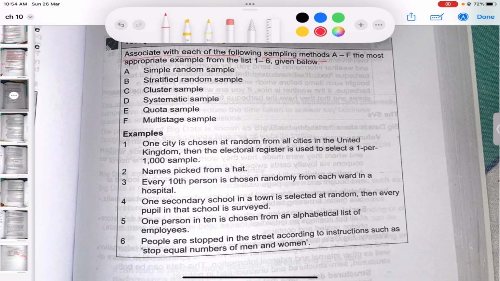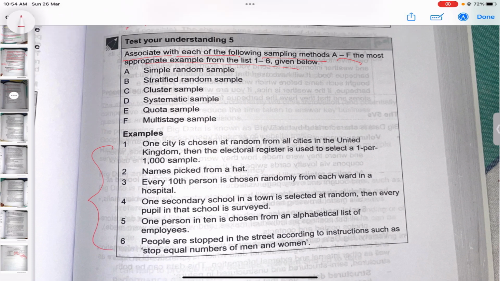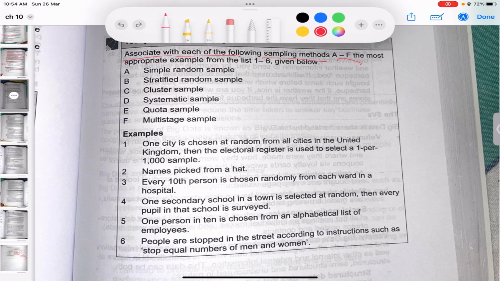Associate with each of the following sampling methods A to F an appropriate description. So you just have to match this with this. Take a moment and do it, and then you can discuss with me. One city is chosen at random from all cities in the United Kingdom. Then the electoral register is used to select one per 1000 sample.